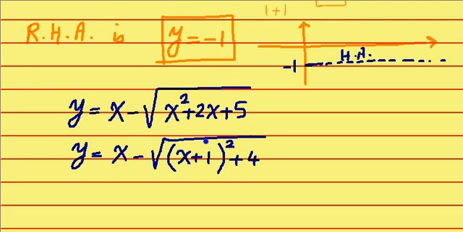You're left with square root of x plus 1 squared, which when you simplify is just x plus 1. And all you have is x minus x plus 1, which is what? Which is minus 1. Well, that's the reasoning why you're settling down to minus 1. That infinity and that infinity will be in a tug of war, and the result of that tug of war is that they settle down to minus 1.